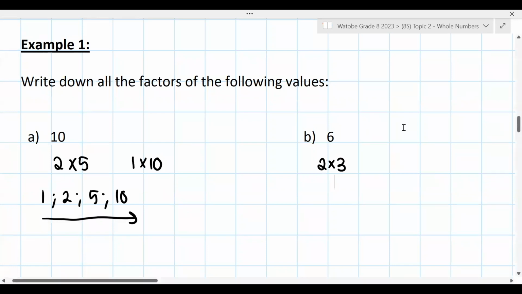Are there any other numbers we can times together to get 6? 1 times 6. Excellent. So our factors are 1, 2, 3, and 6. We list all of them. Very nicely done. Excellent.